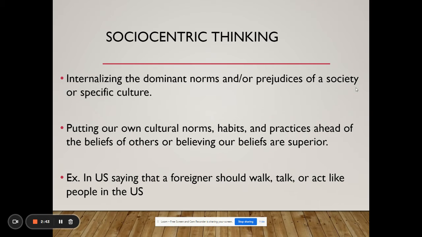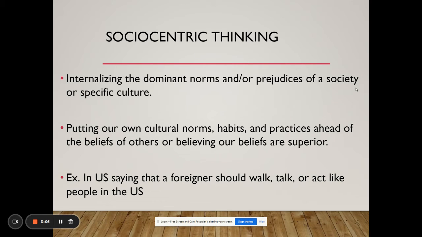Socio-centric thinking is another barrier to critical thinking. When people engage in socio-centric thinking, they internalize the norms or prejudices of the society or culture they live in. They put their own cultural norms, their own habits, their own beliefs of their culture in front of everybody else's.